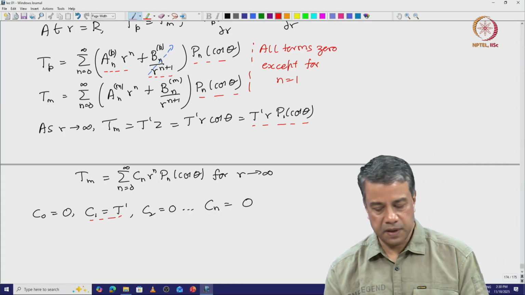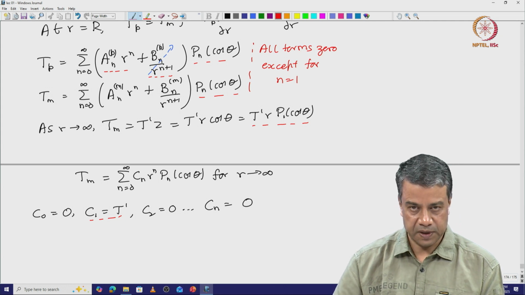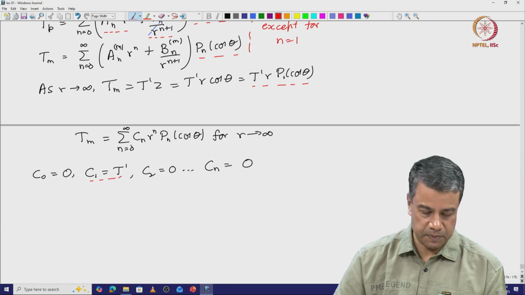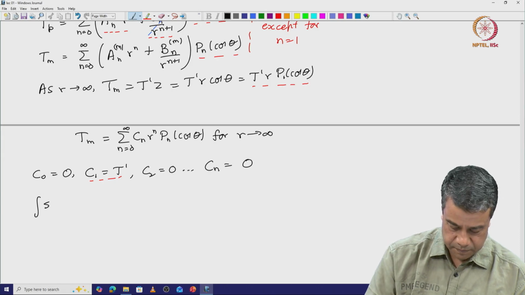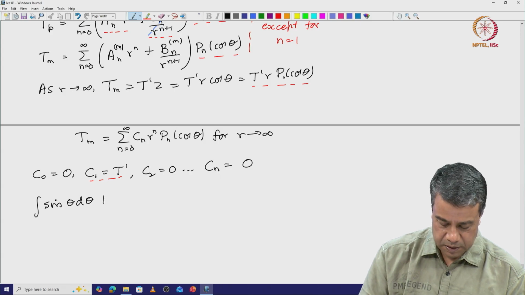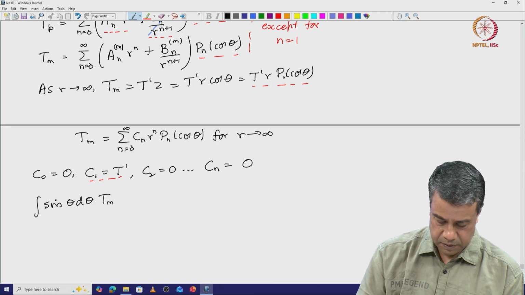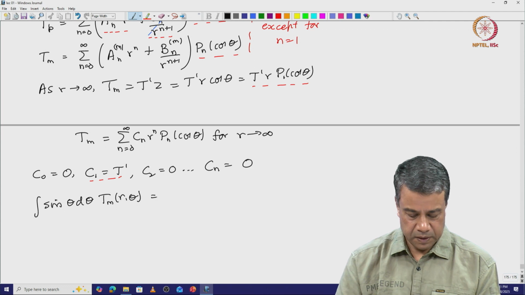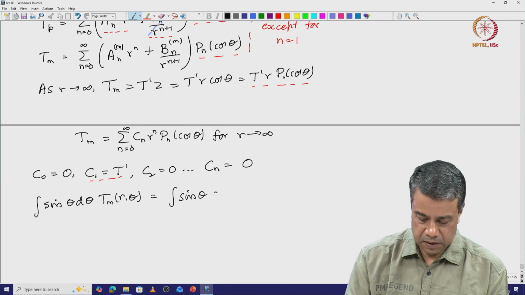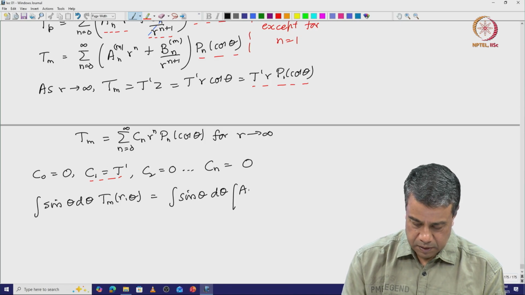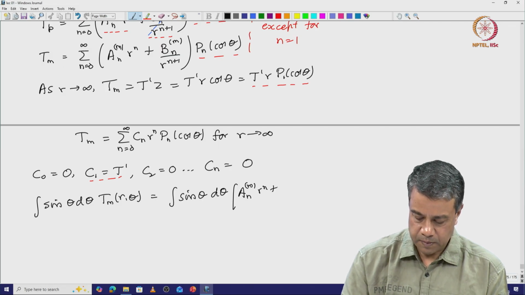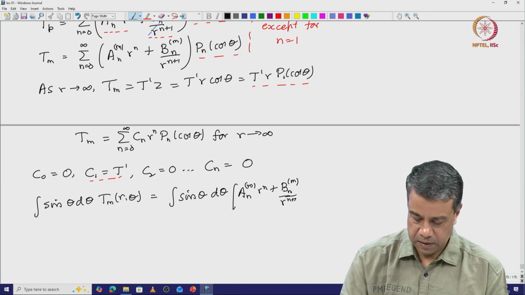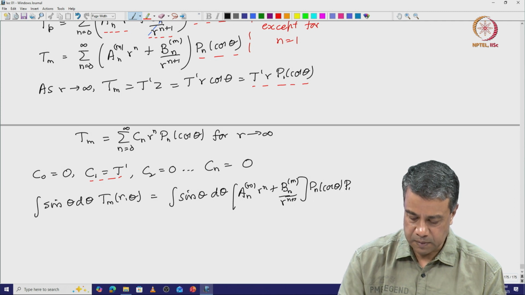So, for example, I can multiply this temperature equation T p by P m of cos theta and integrate, and the solution I will get will be the integral of sin theta d theta times T m equal to the integral of sin theta d theta of A n m r power n plus B n m by r power n plus 1, times P n of cos theta times P m of cos theta.